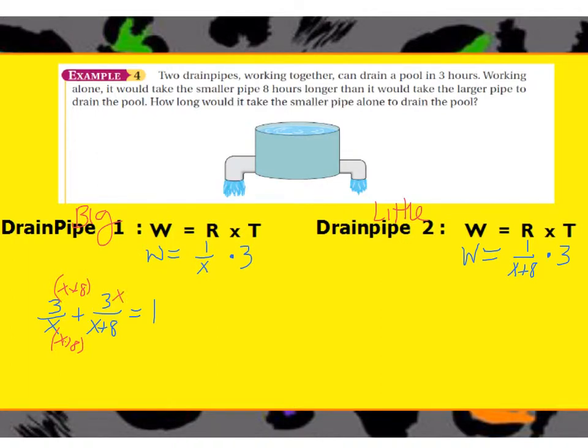Take each of those times what's missing, and this one, which is going to end up 1/1, is x and x plus 8. So then what I end up with for an equation, on the numerator, I'm going to distribute the 3. So I'm going to have 3x plus 24.